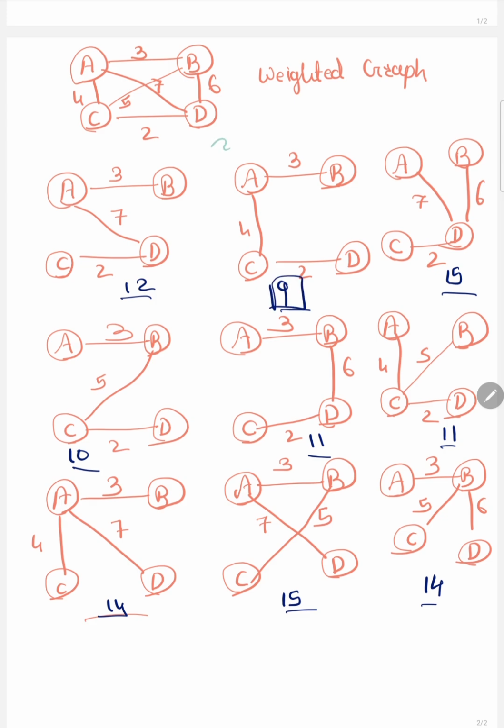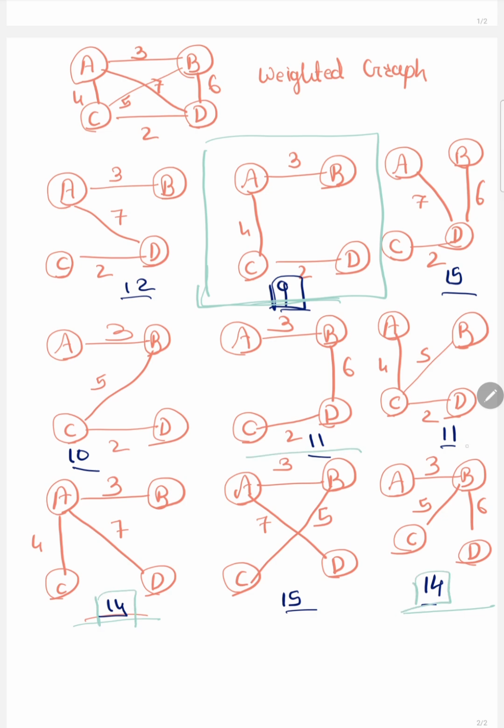So you can say that this is your minimum spanning tree. These are all spanning trees, but the minimum spanning tree is this. Here you have also seen that these two spanning trees are different, but their cost is the same.